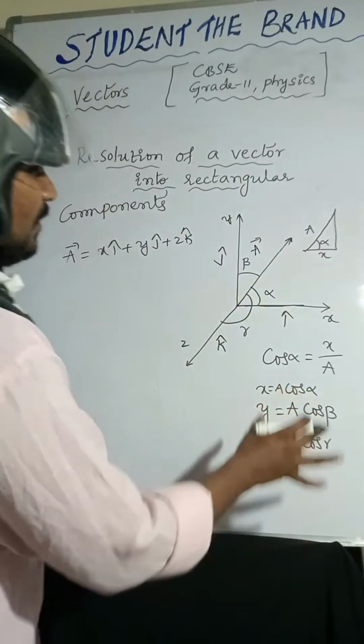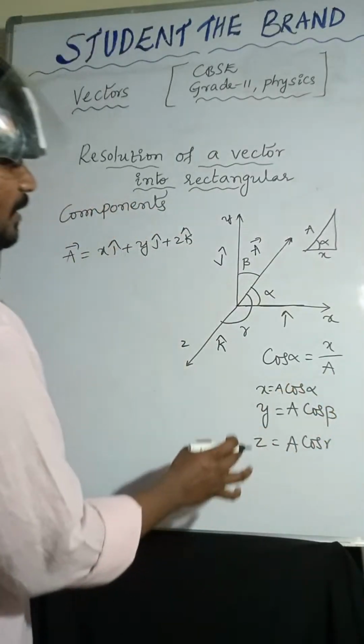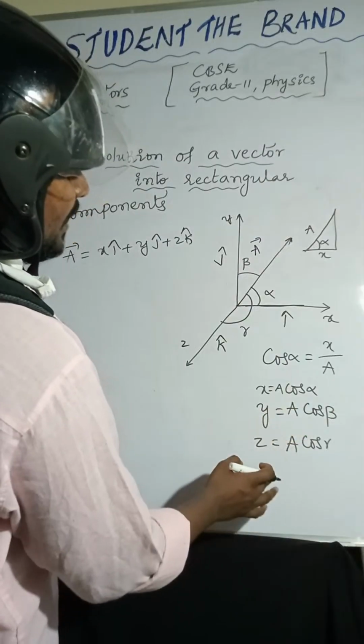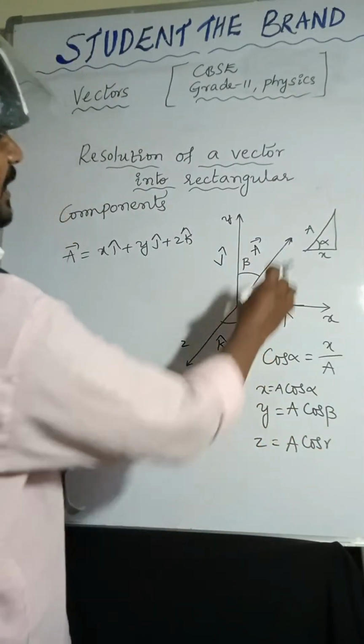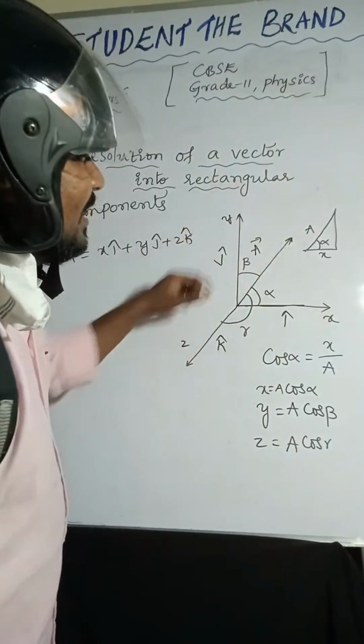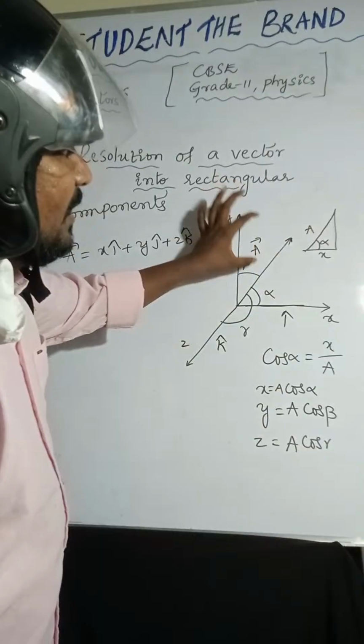So cos alpha equals x by a, cos beta equals y by a, cos gamma equals z by a, because we are taking only one vector, that is A bar.